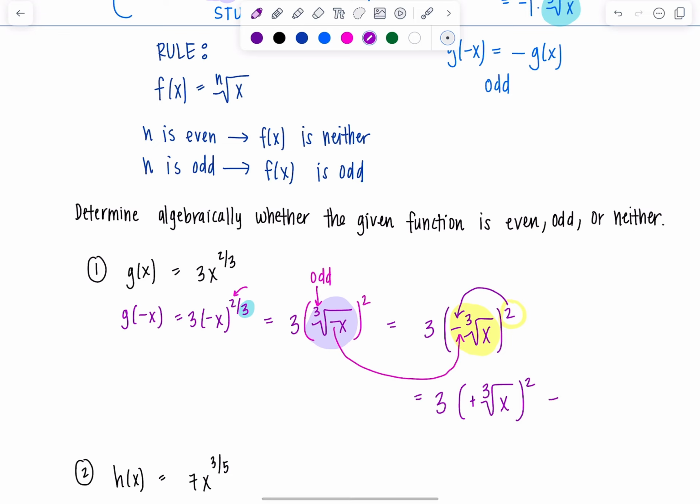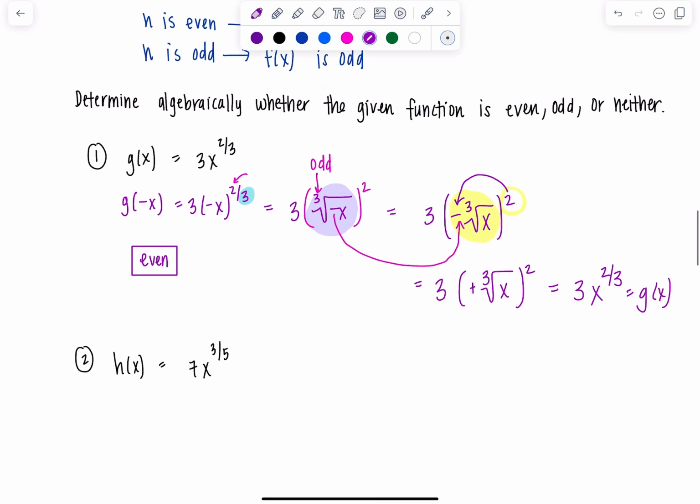And then I can just rewrite this as 3x to the 2/3, going back to rational exponents, and compare with what I started with. Oh my goodness, that's exactly g of x. So what would you say about this function g of x? By definition, it's even. Okay, 3x to the 2/3 is even.